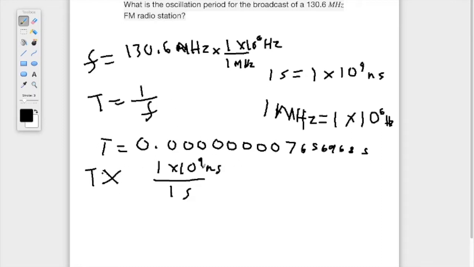So then the units cancel out. So you should get an answer of 7.656968 nanoseconds.